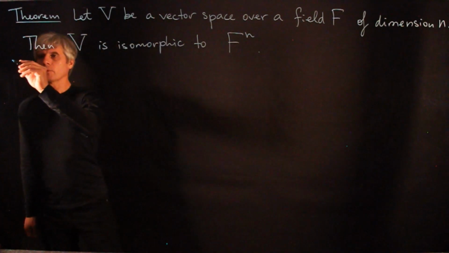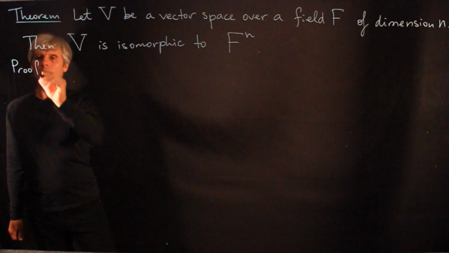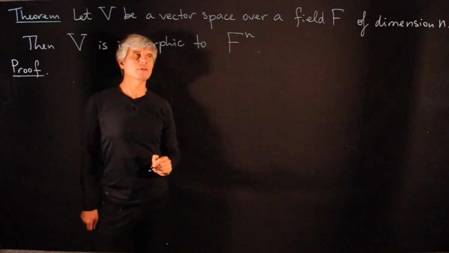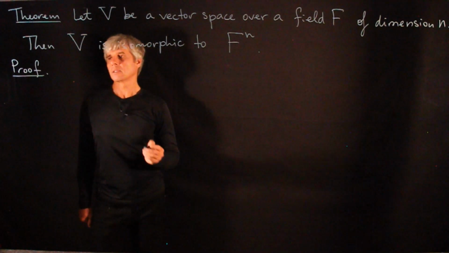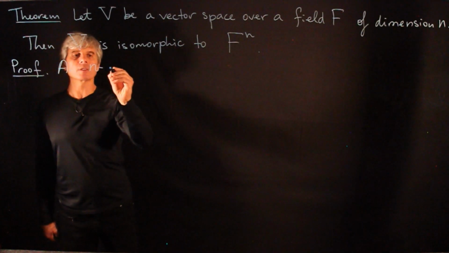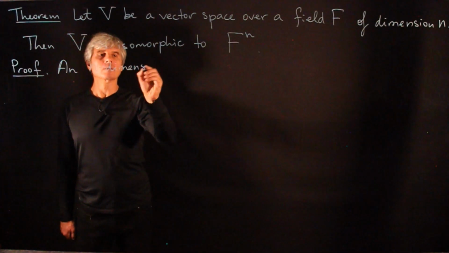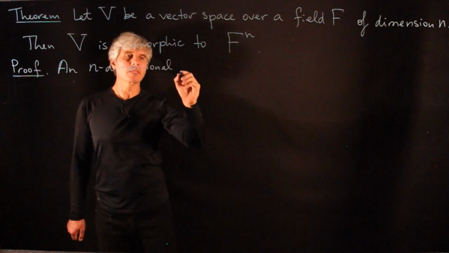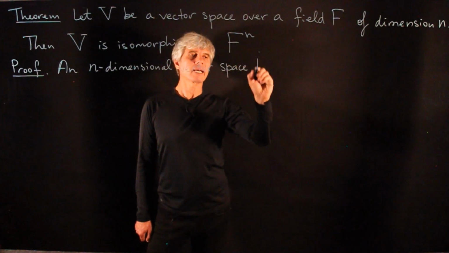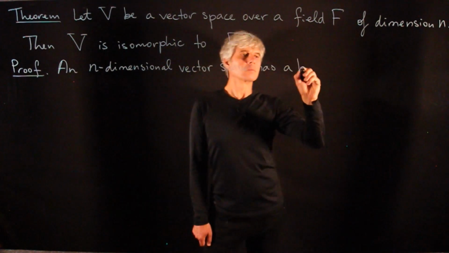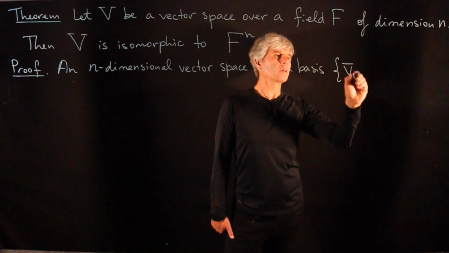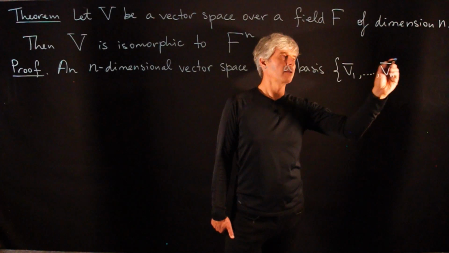So let's give a proof. What we know is that V is a finite dimensional vector space. So we know that an n-dimensional vector space has a basis with n vectors, v1 through vn.